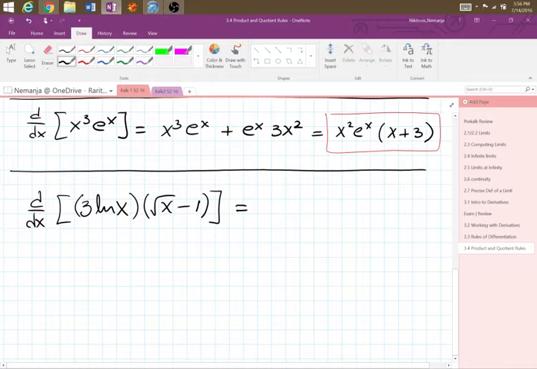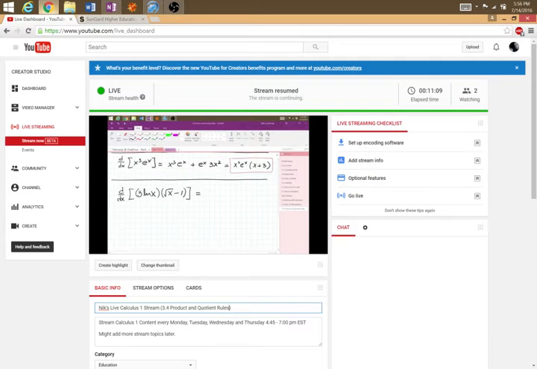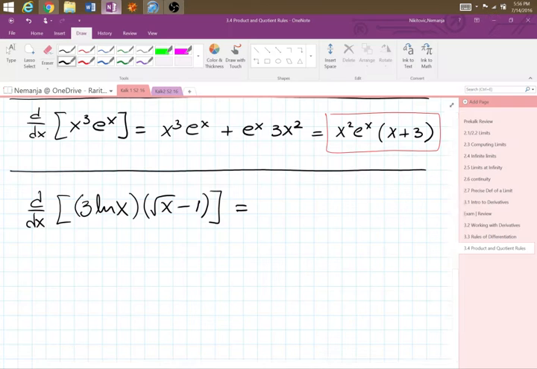Let's take a look. You want to see? Copy the first, 3 ln x. Derivative of the second, hopefully by now you know it's 1 over 2 root x, because it's 1/2 times x to the negative 1/2.